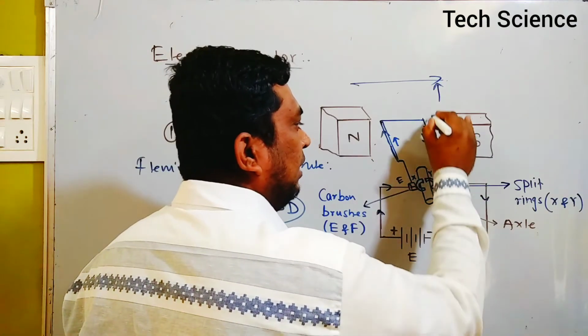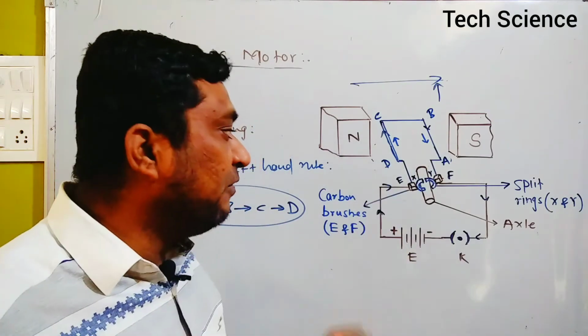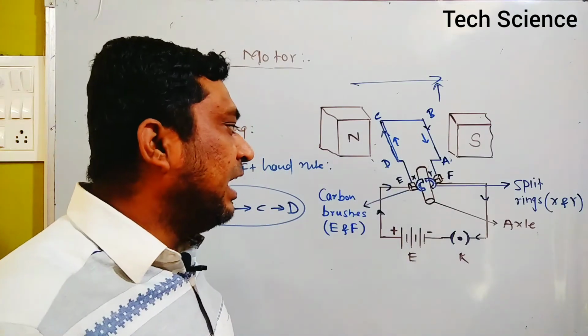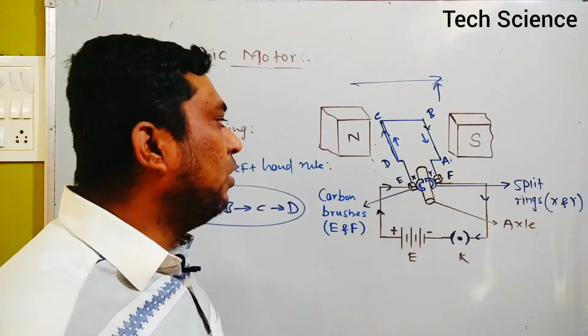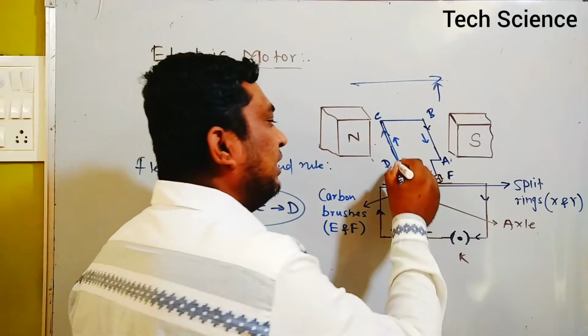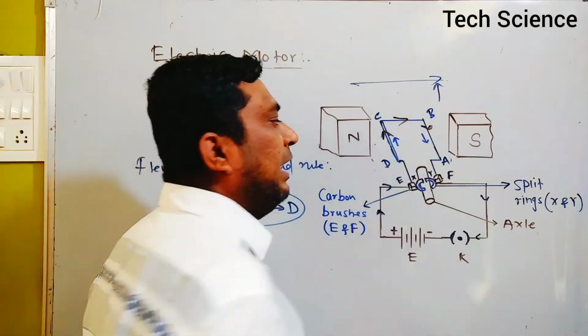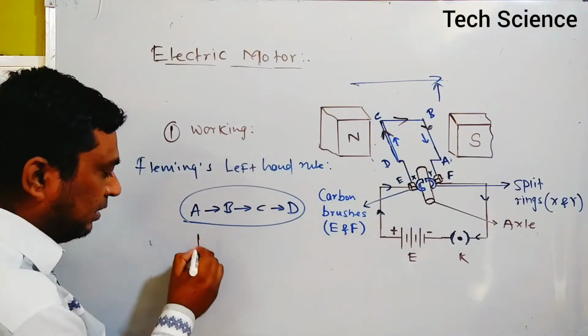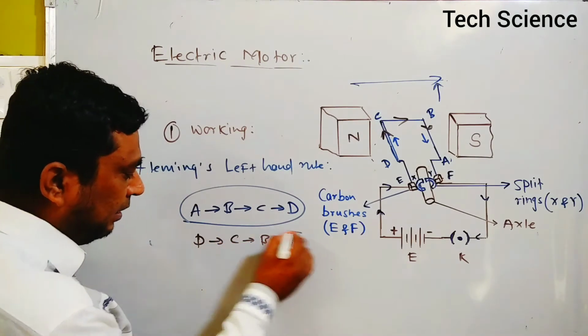Here it is A, here it is B, this is C, and this is D. Again there is a flow of current, now in the direction of D, C, B, A. The current has been reversed.